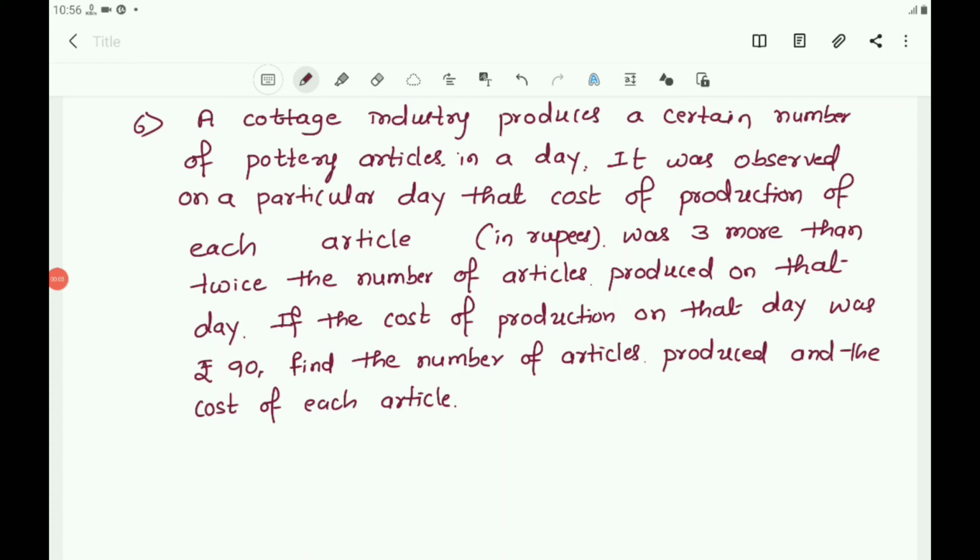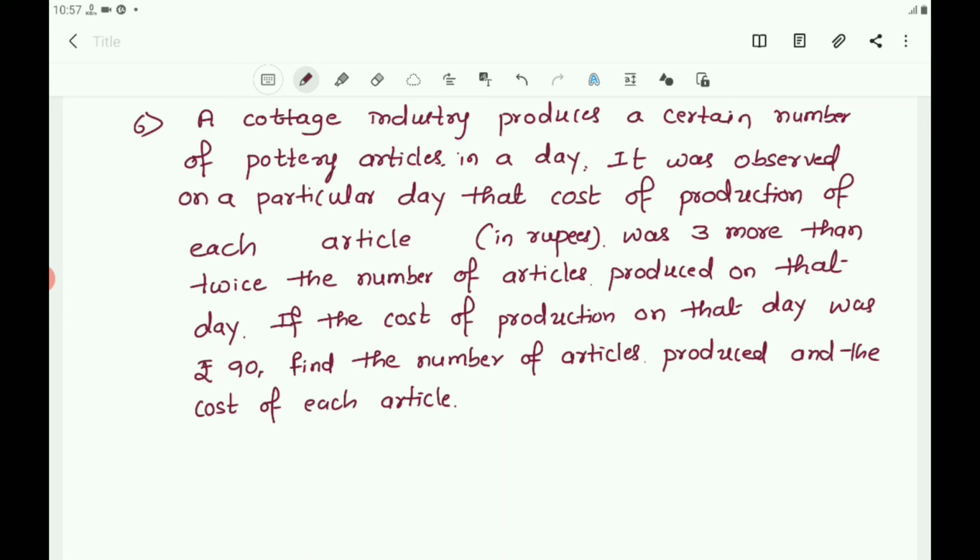Now the sixth question. A cottage industry produces a certain number of pottery articles in a day. It was observed on a particular day that the cost of production of each article was 3 more than twice the number of articles produced on that day.